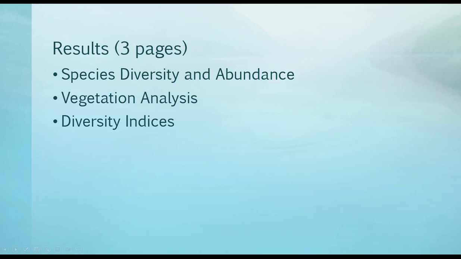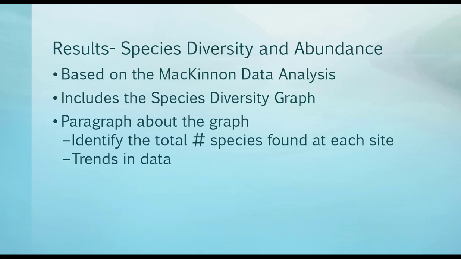So let's take a look at what should be included under the species diversity and abundance subheading. So species diversity and abundance, that was based on your McKinnon data. So we already analyzed that ourselves in milestone 2. So that is going to be included. You will want to include the species diversity and abundance graph.